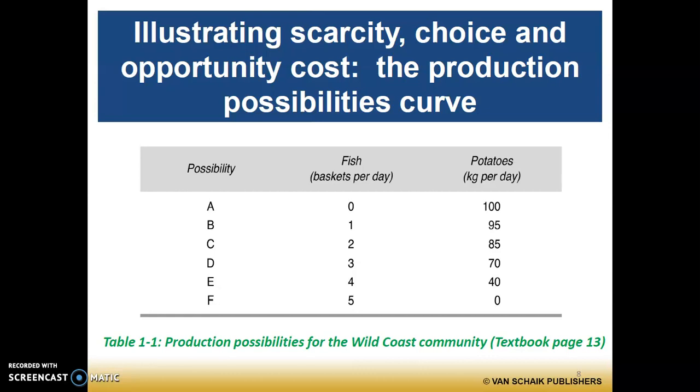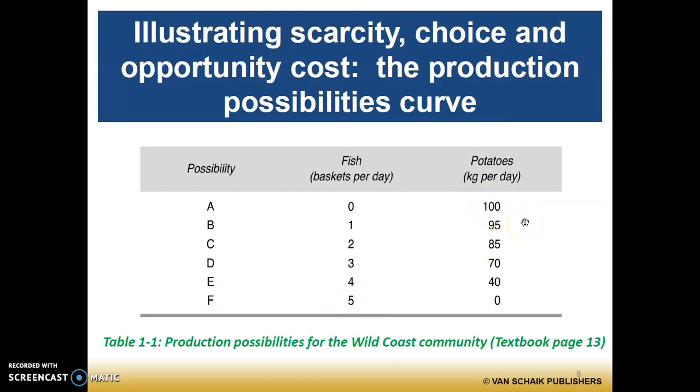On the other hand, if they spend all their production time on gardening, they can produce 100 kilograms of potatoes. It is possible for them to produce either 5 baskets of fish or 100 kilograms of potatoes.